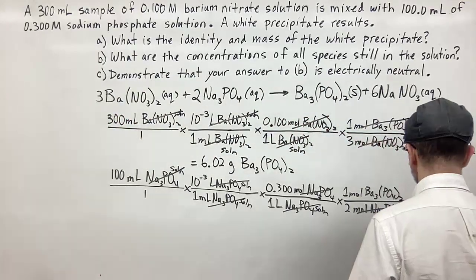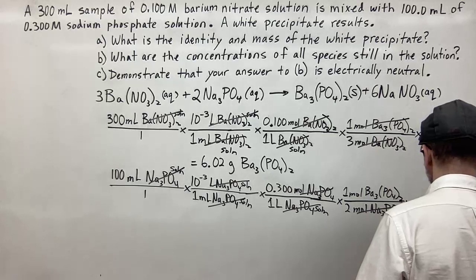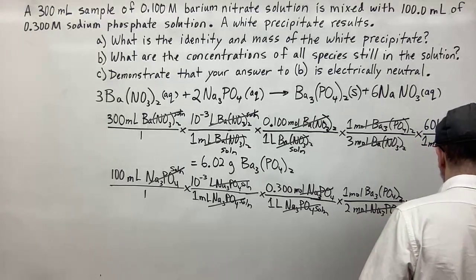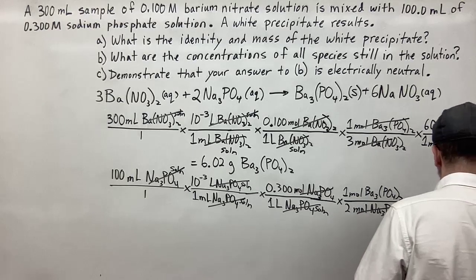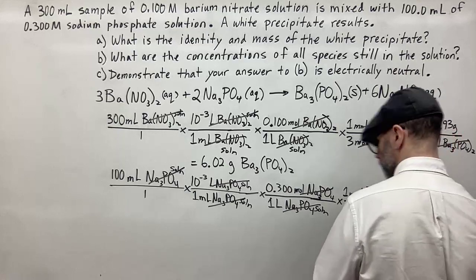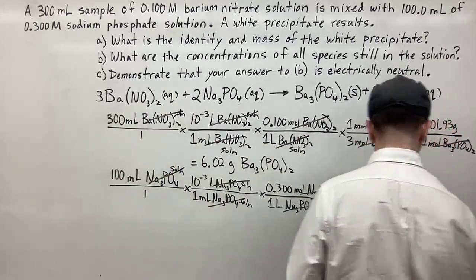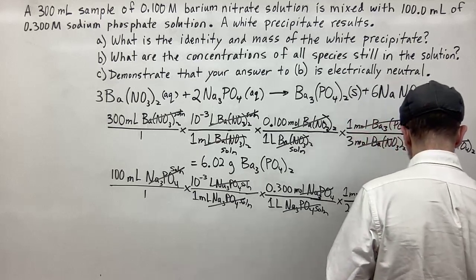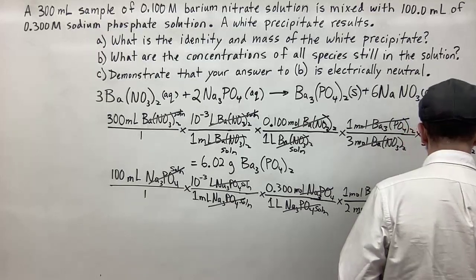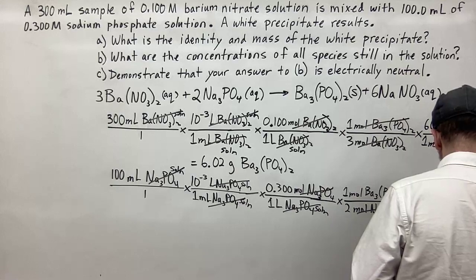So now, last step, same conversion: 1 mole of the barium phosphate on the bottom and 601.93 grams of the barium phosphate.